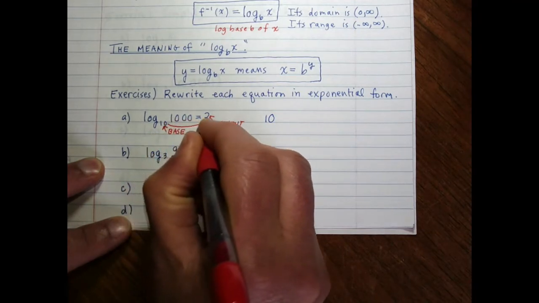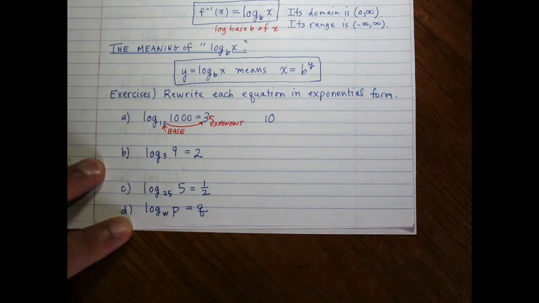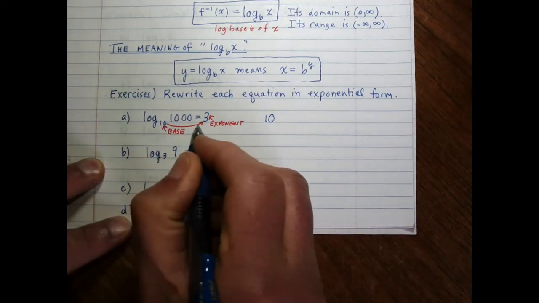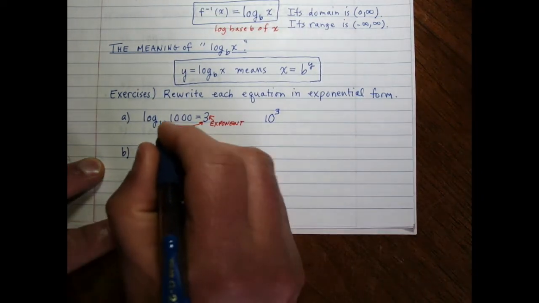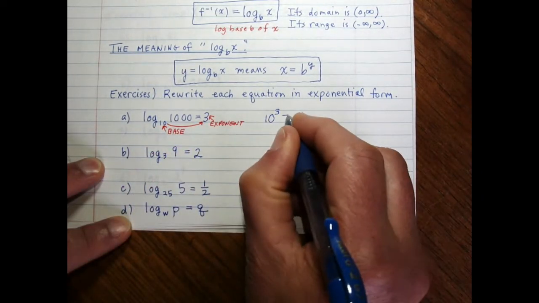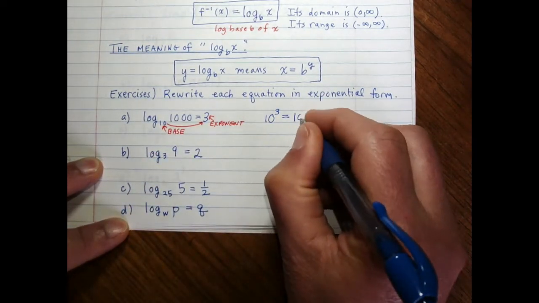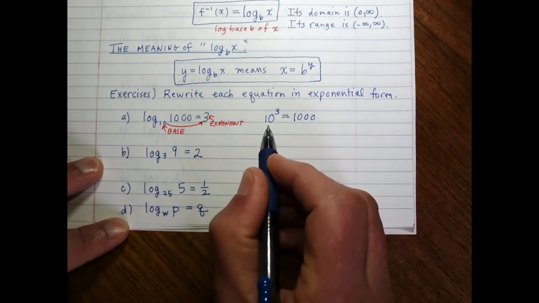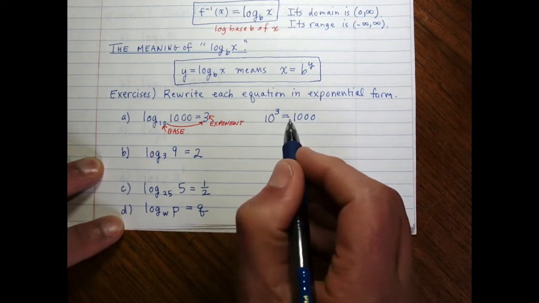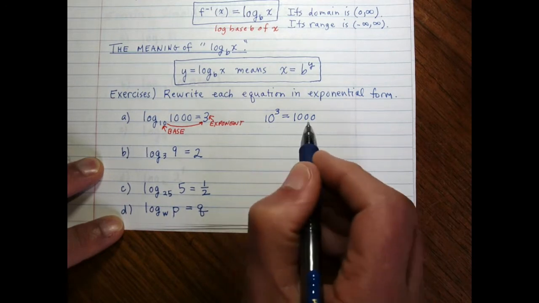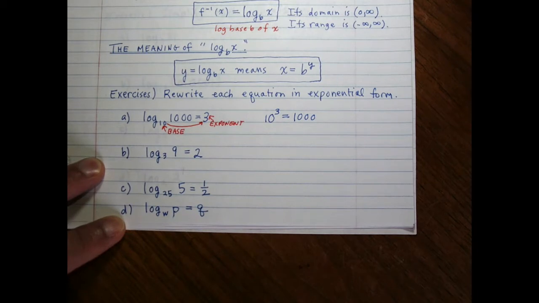Sometimes I draw a little curve from the base to the other side of the equal sign because that helps me remember 10 to the third power is what I'm talking about here. 10 to the third power equals the number inside the logarithm, 1,000. And okay, now it's not so mysterious. Of course, 10 to the third power is 1,000. That's the exponential form of the logarithm in part A.